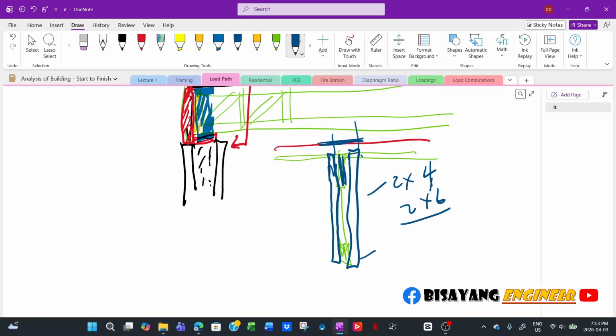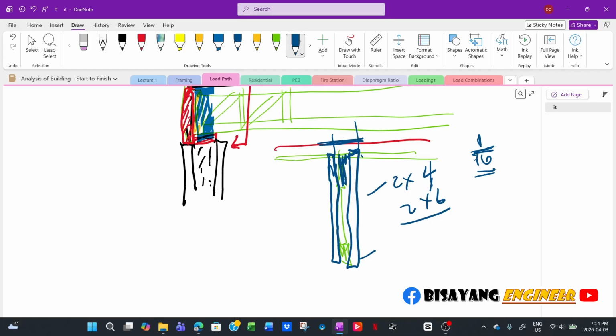This one is usually 1/16 taller than the truss itself. So if the truss is, say, 18 inches or 20 inches deep, then this squash block will be 20 inches and 1/16. That's the minimum.